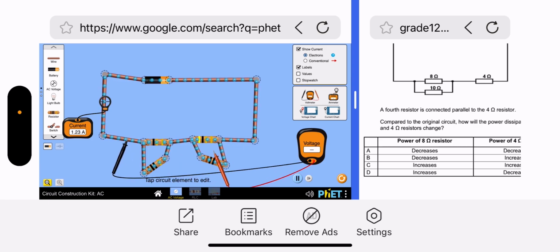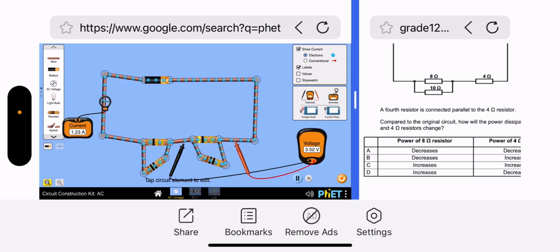But let's see the voltmeter reading. So you see voltage there has increased. We went from 4 comma something to 5 comma something. Okay, so power across the 8 ohm resistor would have increased, but power across the 4 ohm resistor has decreased.